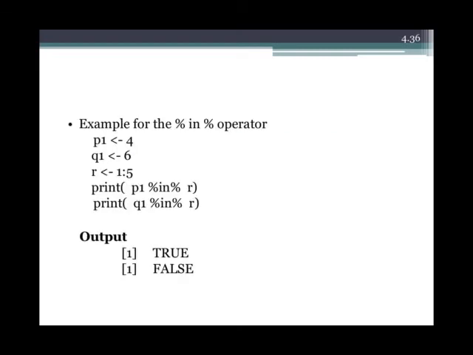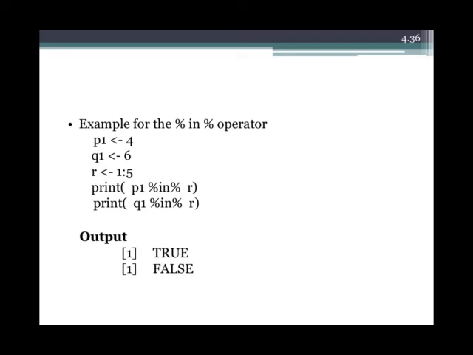The next example is the percent in percent operator, where we have three values, 4, 6 and 1.5, and we are trying to print these values now. We are asking the question whether P is found in any of the values R. Since R is going to take the values 1 to 5, 1, 2, 3, 4, 5, the first print will return the value true.